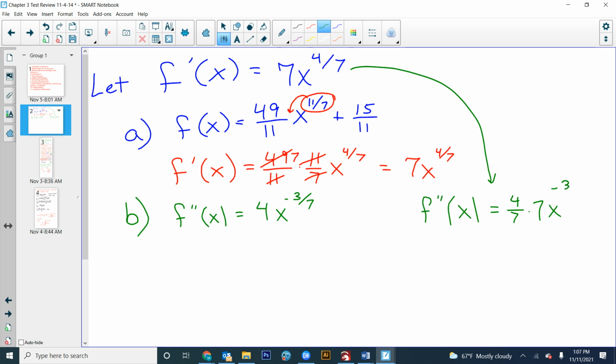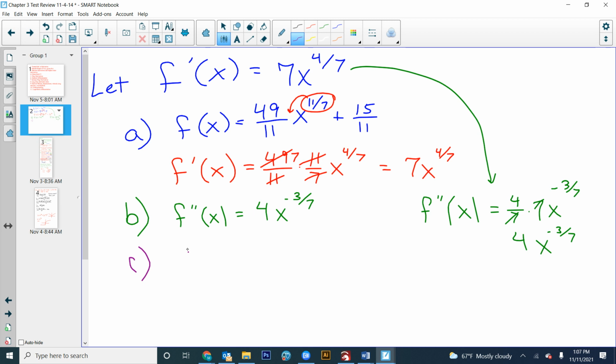I have my x to the negative 3 sevenths now. 7 times 4 sevenths is 4. 4x to the negative 3 sevenths is, well, obviously that's the same. That one is also the same. I would not list that as which one cannot be. All right, C.